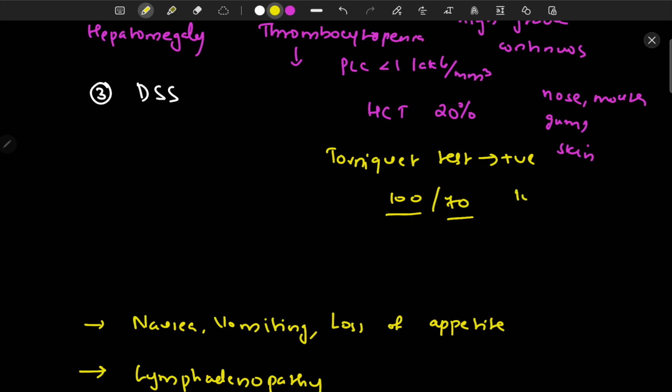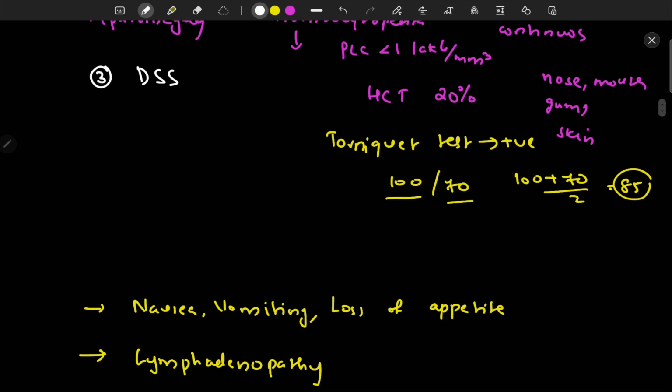That is, in this case, 100 plus 70 by 2, that is 85 millimeters of mercury. You have to inflate the cuff for 5 minutes, then reduce it and wait for 2 minutes, and you can see a petechial rash in the anterior cubital fossa.